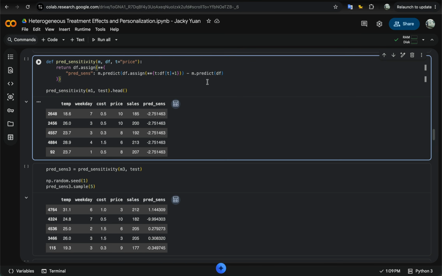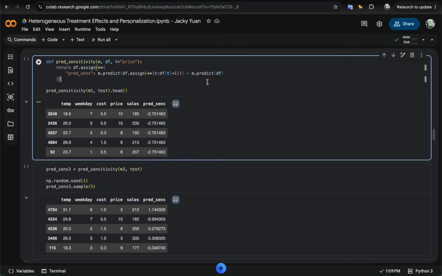If the value is -10, for example, the model predicts that raising the price by 1 unit reduces sales by about 10 units. And if the value is close to 0, which is great, it means the day is less price sensitive.